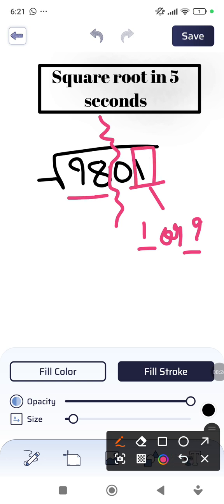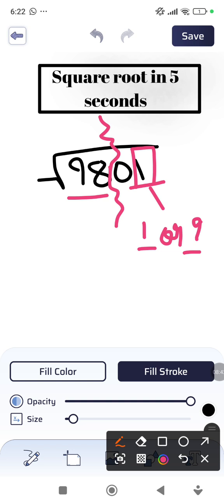Then see this number 98. We need to find the perfect square just smaller than 98. We know 9 9s are 81.